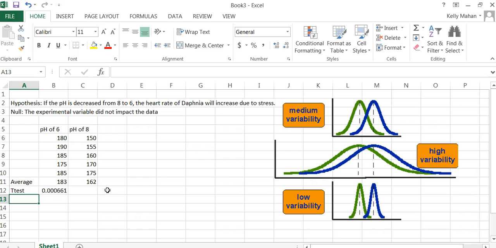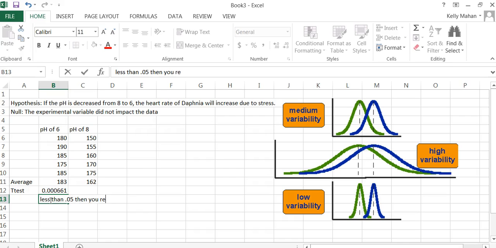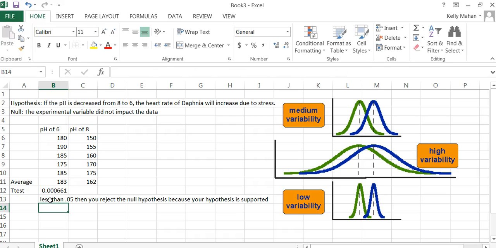Ooh, this number is really good. If the number is less than 0.05, then you reject the null hypothesis because your hypothesis is supported and there is a statistically significant difference in your data.